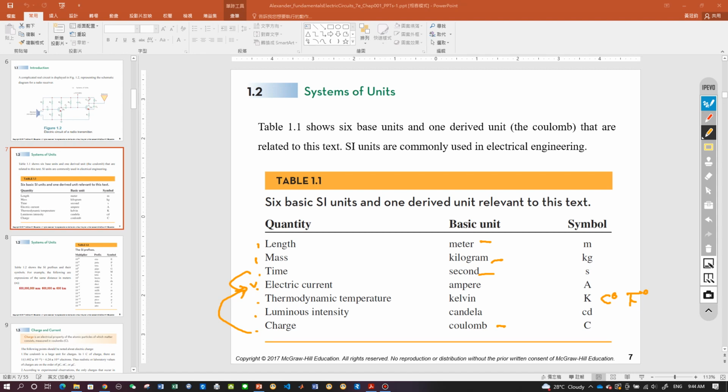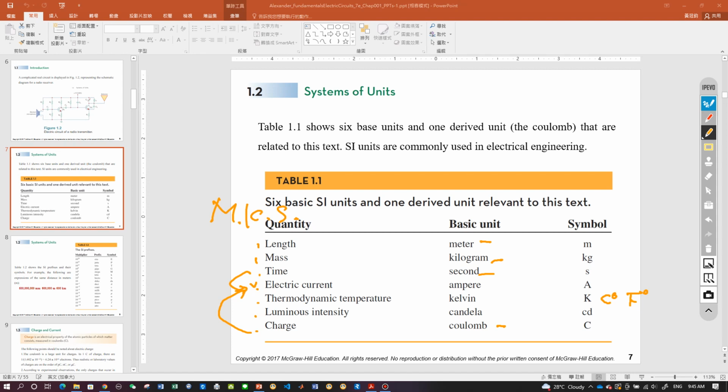Normally we use perhaps only 3 or 4 basic ones: time, second; how heavy, 几公斤, kilogram; and length, meter, centimeter, 公里, 公尺. We call it MKS. So this is kind of different. You have to understand that it's not difficult.